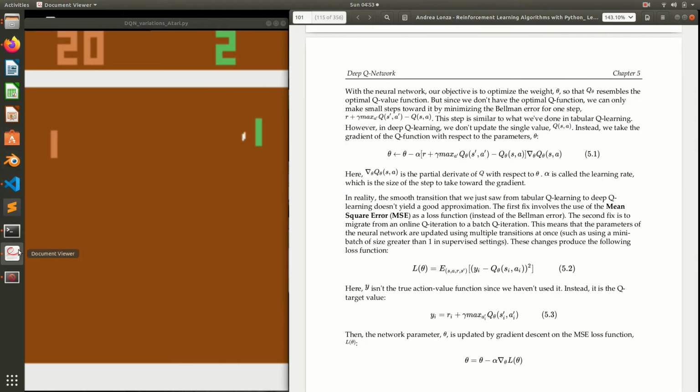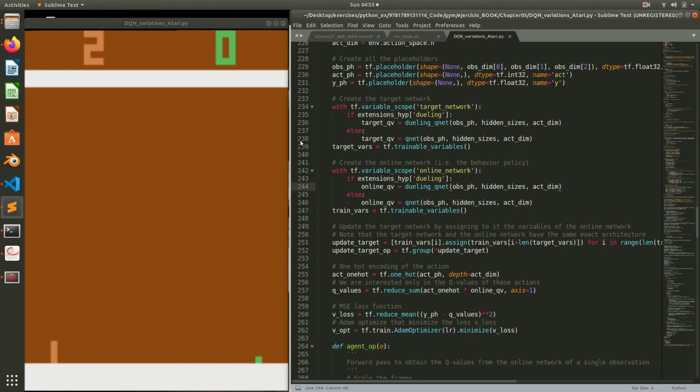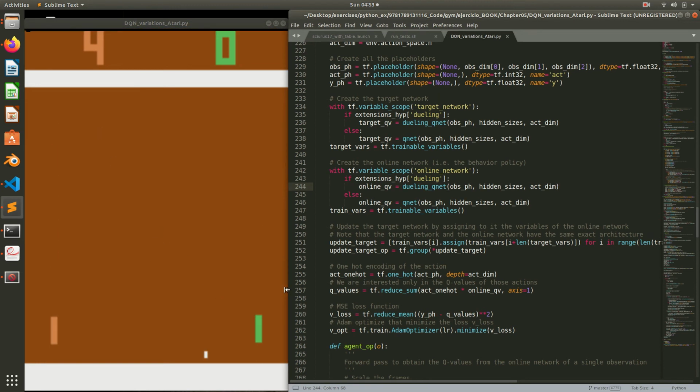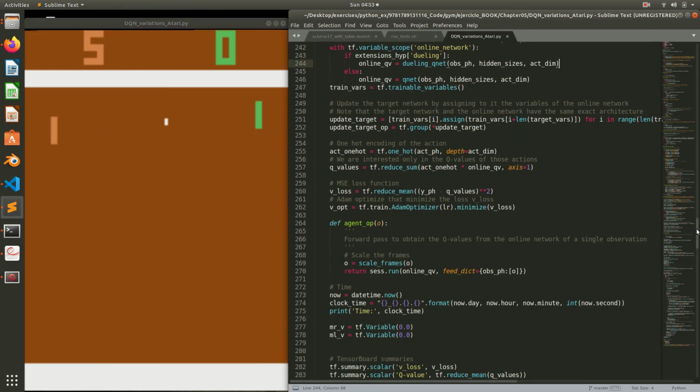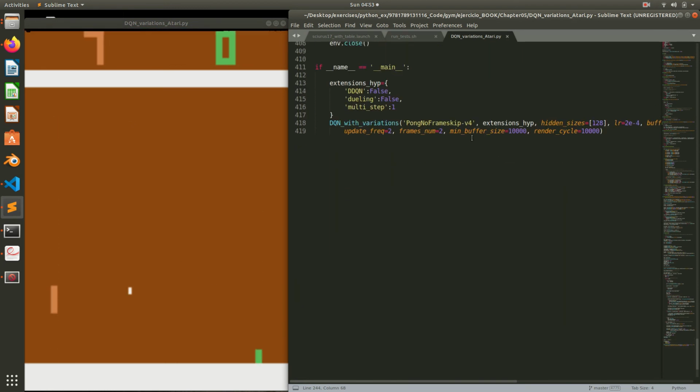Now this is the code of this network. Basically the code tries to make a Deep QN to solve this environment or this problem of the Atari game.